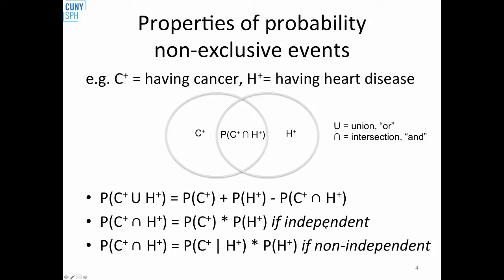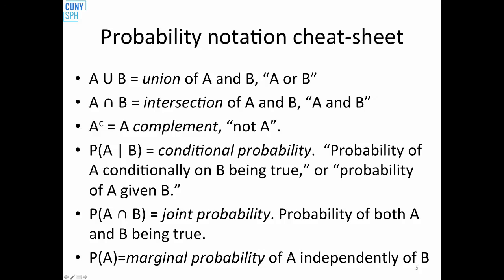If they're not independent, then it is not just the probability of having cancer, but the probability of having cancer conditional on having heart disease, times the probability of having heart disease. And this, of course, could be written either way, with the probability of heart disease given having cancer times the probability of cancer for non-independent events.